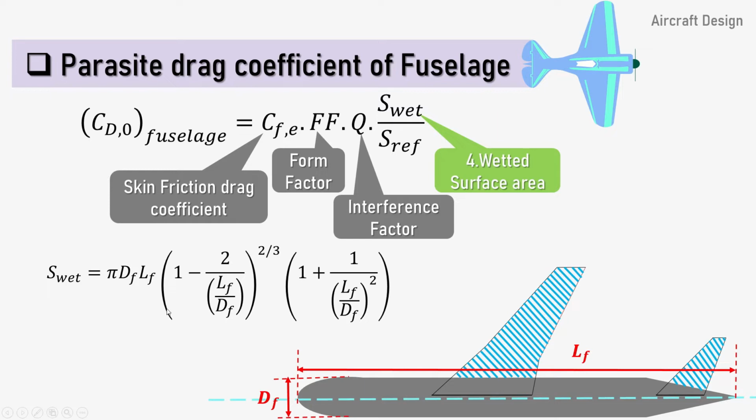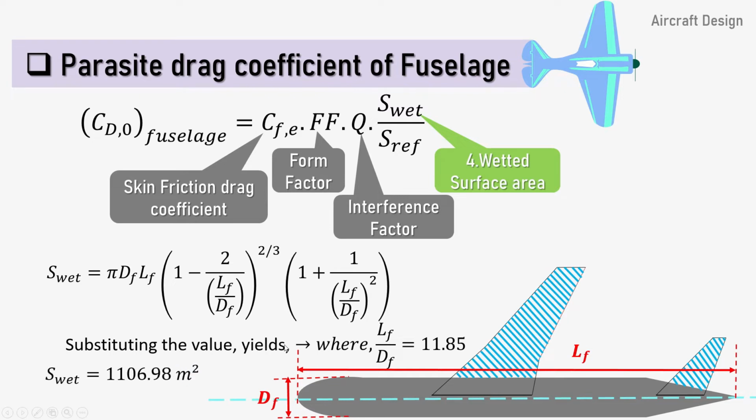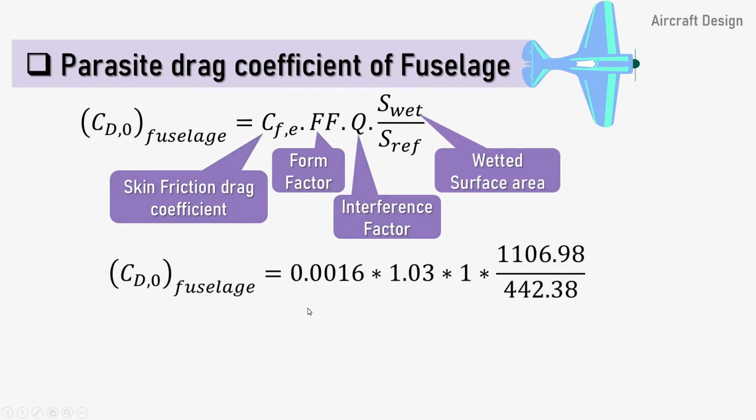Based on your type of slender ratio, or the diameter of the fuselage and the length of the fuselage, substitute the value. In case of my design, I got my wetted surface area about 1106.98 meters square. Now I'm going to substitute back in my parasite drag for a fuselage body.